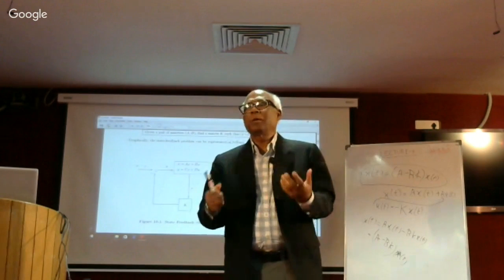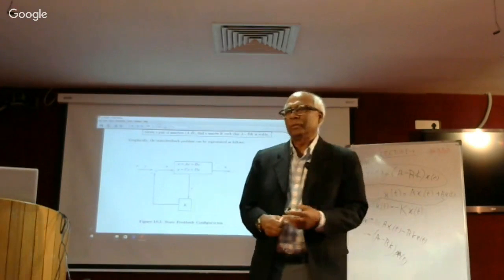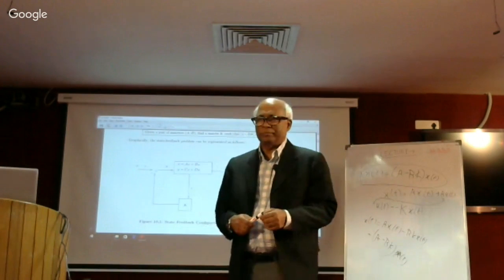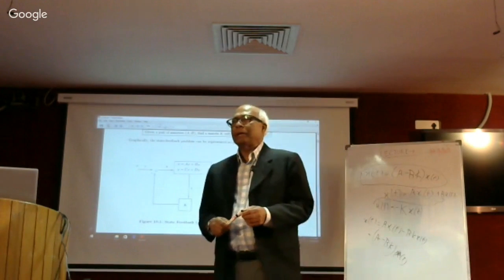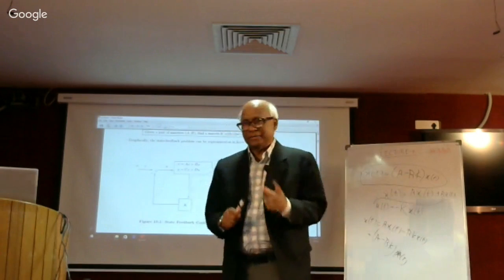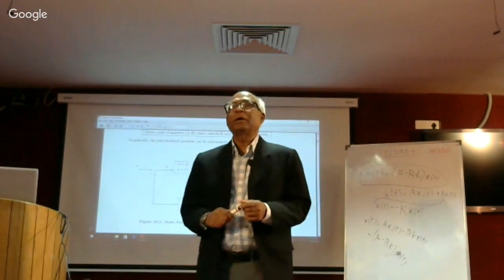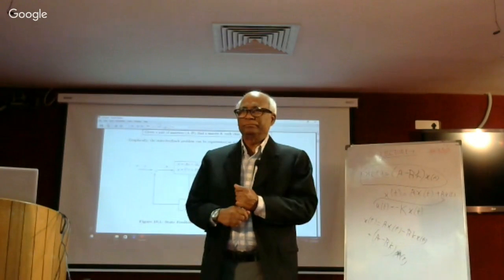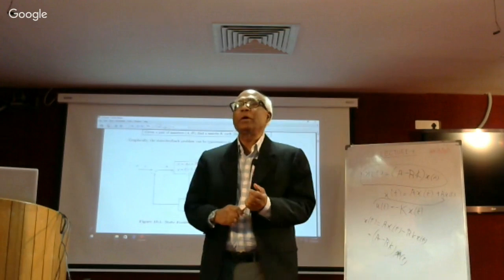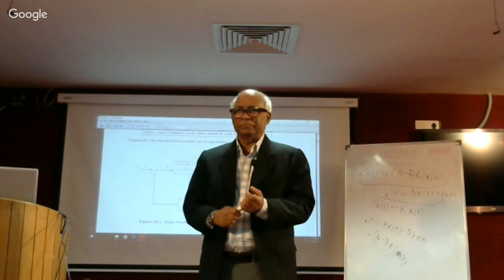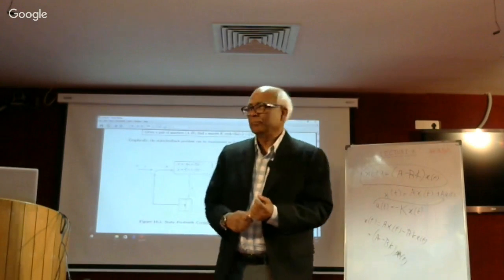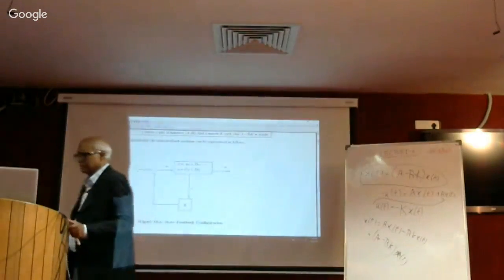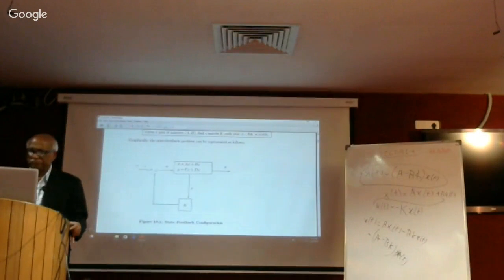So this problem is called the stabilizability problem. If such a K exists, then we say the system is stabilizable. So question arises, when does such a K exist? Okay. So let's look into this theorem.